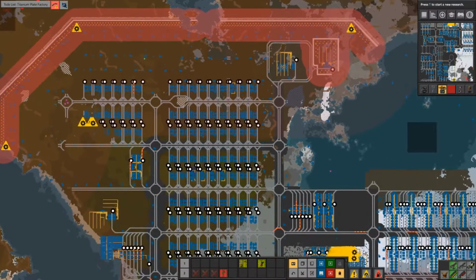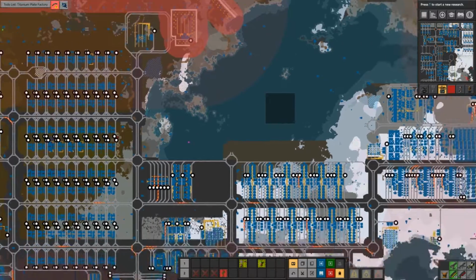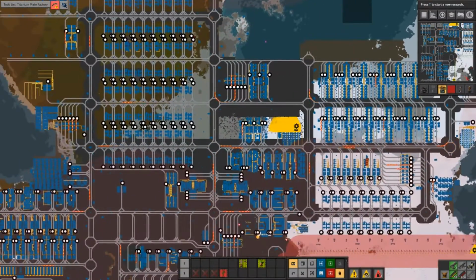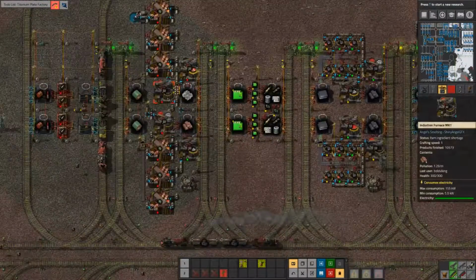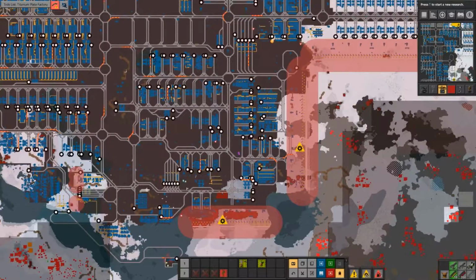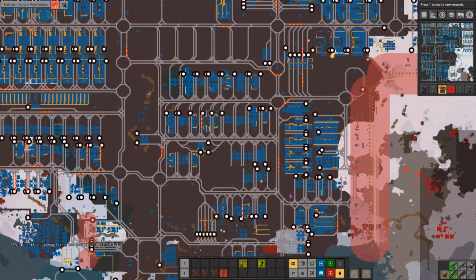Or we could... A core Circuit City just sounds... This is enough space, definitely. And we just could core it completely out and reimagine this as a big circuit production facility.